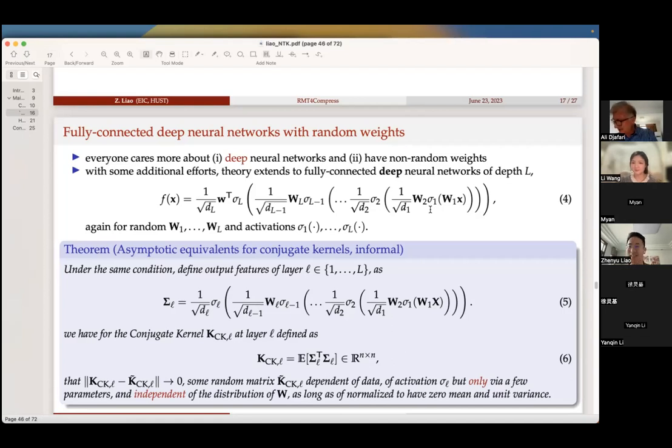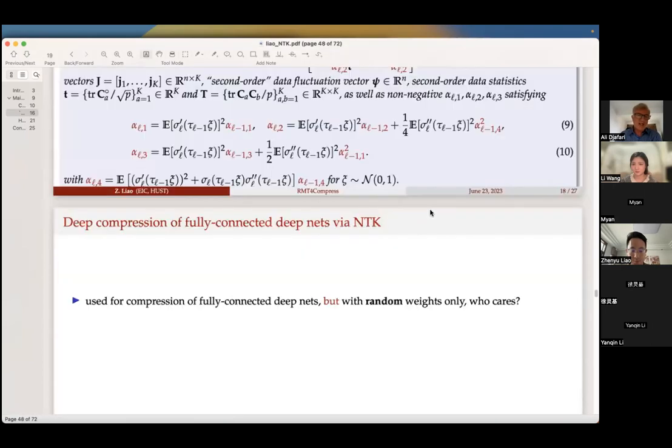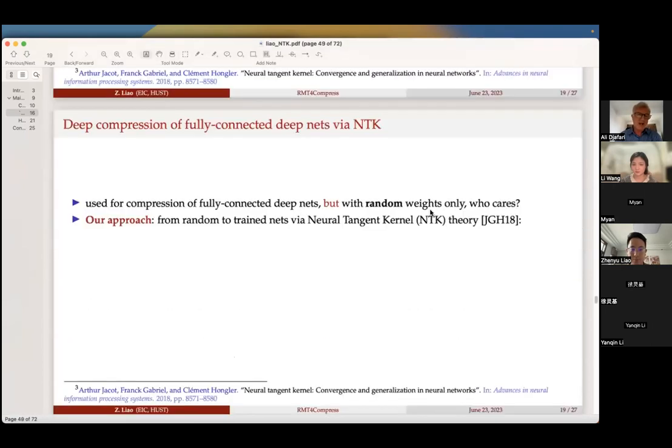It was about the link between NTK and obtaining the expressions for the kernel.